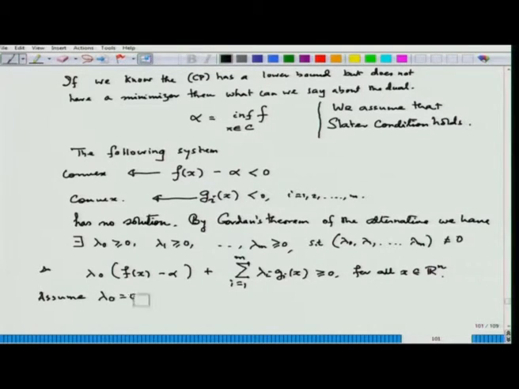So, maybe it is better to write in this way, it is much simpler to understand. First, let me write what I claim. The claim is that lambda naught is strictly greater than 0, because Slater holds.